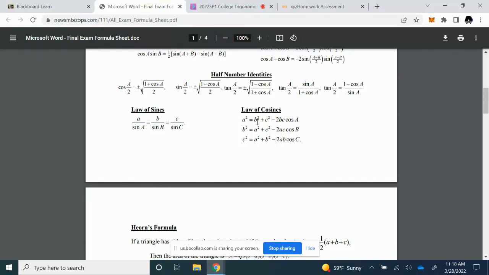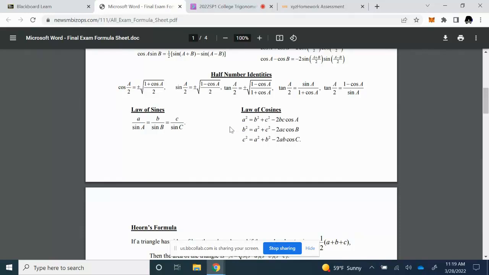As far as x, y, z is concerned, instead of using angles capital A, capital B, and capital C, they use the Greek letters alpha, beta, and gamma. Also, the formulas we see here aren't the actual formulas we're going to use.